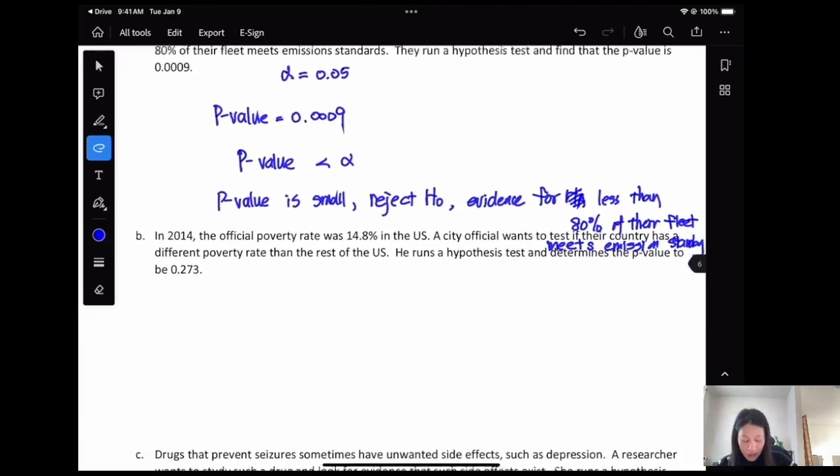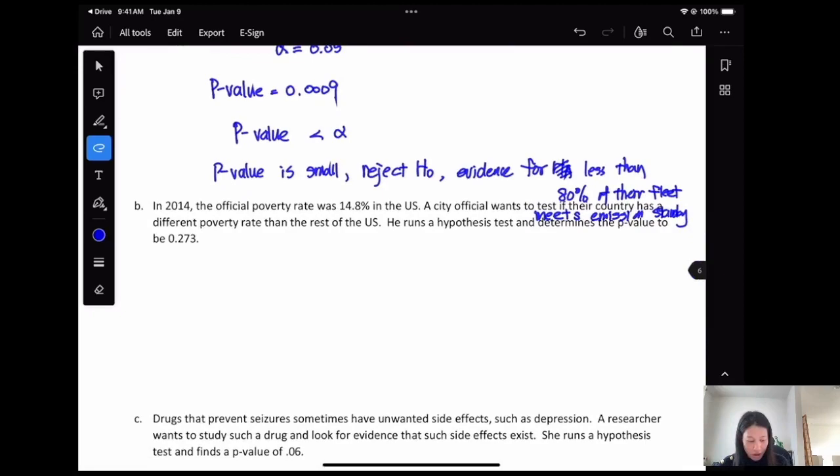Okay, now the next one. Well, 14% is our null hypothesis, and the county has 14.8%. We want to test whether they have a different poverty rate than the rest of the US.